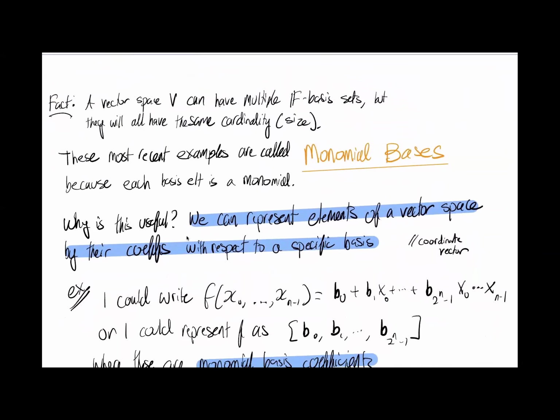So why am I talking about basis and stuff? The reason is that we can represent elements of a vector space, so vectors in the vector space, by their coefficients with respect to a specific basis. This representation of elements, just using their coefficients, is sometimes referred to as a coordinate vector with respect to a specifically chosen basis.